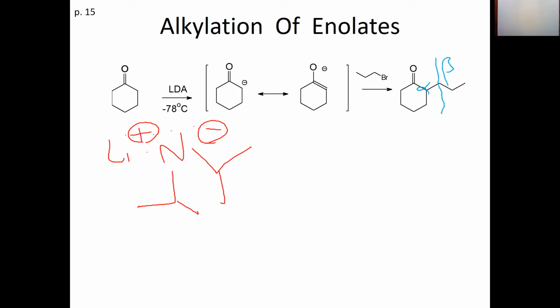We don't have to throw away so many of the atoms that we started with. We get to keep all of the atoms that we started with. So maybe you notice this synthesis is much shorter, but it's also more efficient, more atom economical. LDA is very useful and flexible for being able to alkylate many types of alpha carbons.